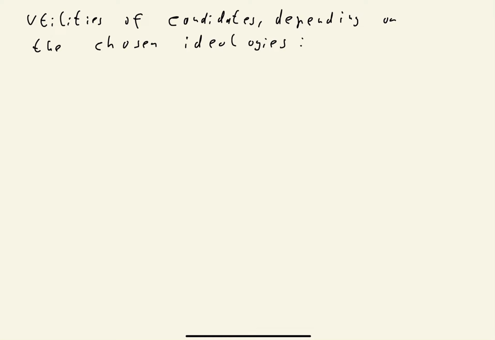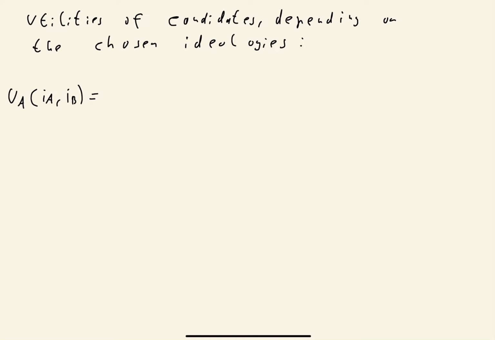So the utility of candidate A, if he has chosen ideology IA and the other candidate has chosen the ideology IB, is equal to the following.